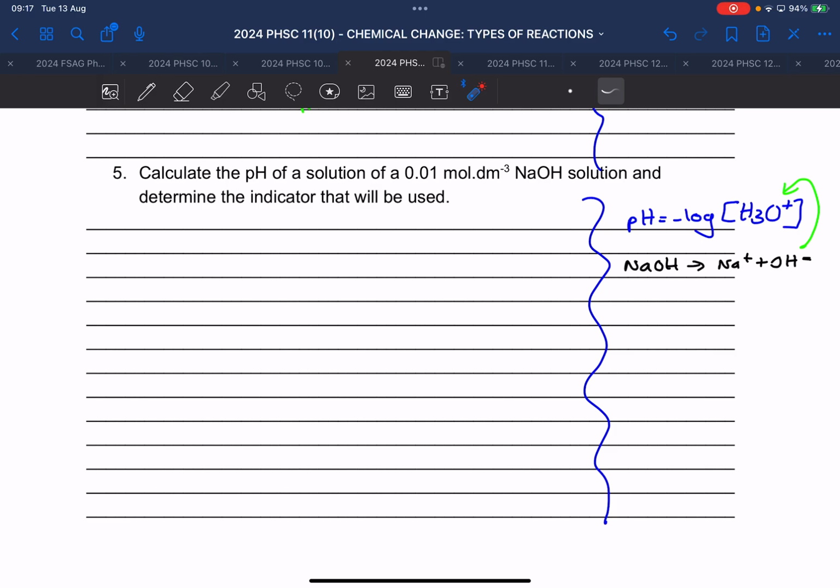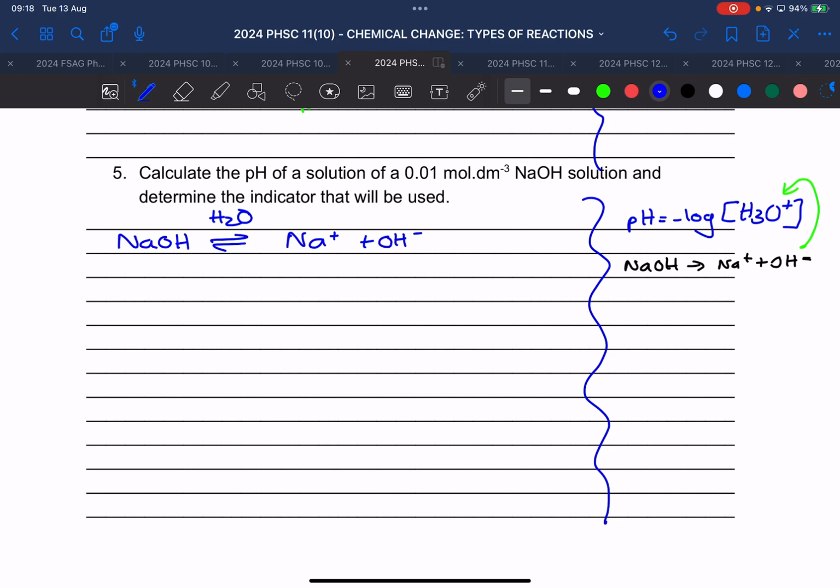The question is calculate the pH. Okay, let's do step by step. First of all, like Lesedi said, we must go to sodium hydroxide, and it's not the ionization of sodium hydroxide, it's the dissociation. So it splits up in water to give you the sodium ion and the hydroxide ion. Okay?